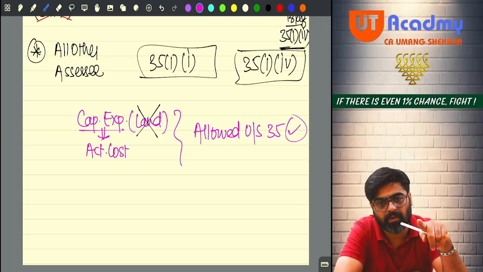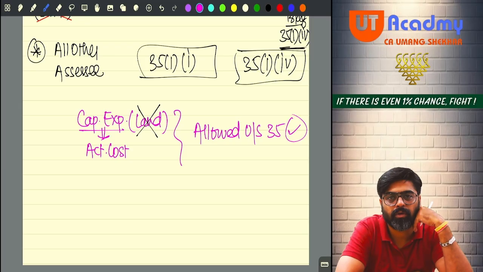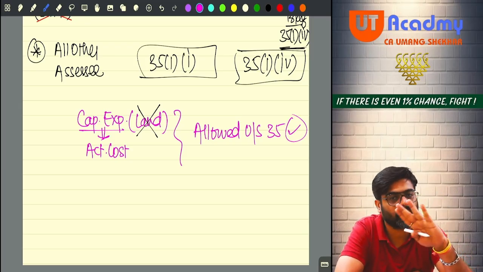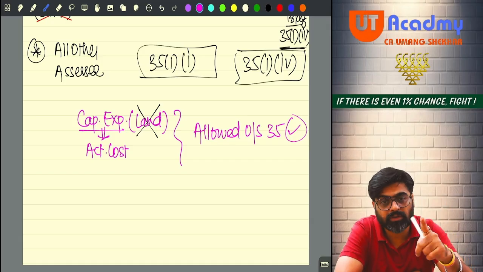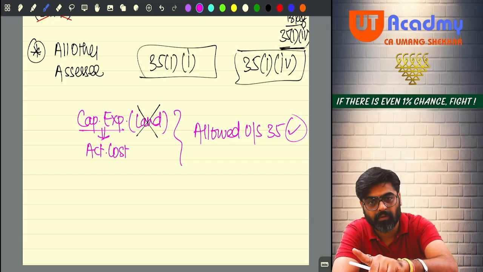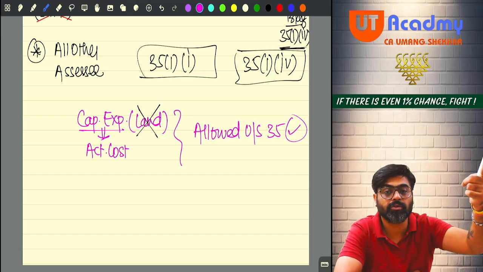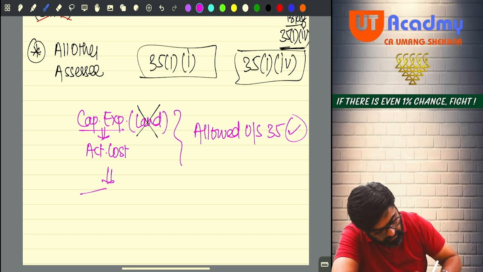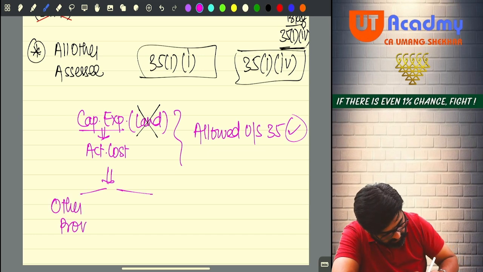Now, can you claim that cost in the form of depreciation anymore? Can you claim that cost under any other section? The answer is no. The cost which was allowed as a deduction under section 35 because the asset was used for scientific research cannot be claimed under other provisions.